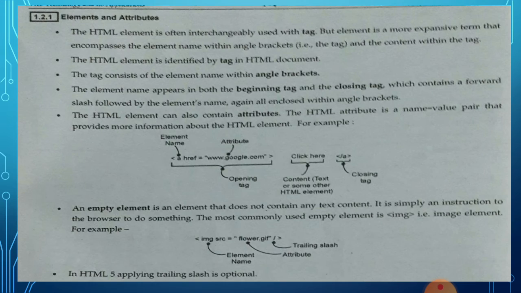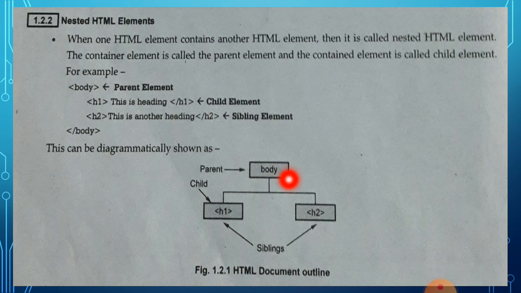So in the figure you can see the body element is the parent element and H1 and H2 are the child elements. These H1 and H2 are siblings. This is a nested element: when an HTML element contains another HTML element, it is called a nested HTML element.